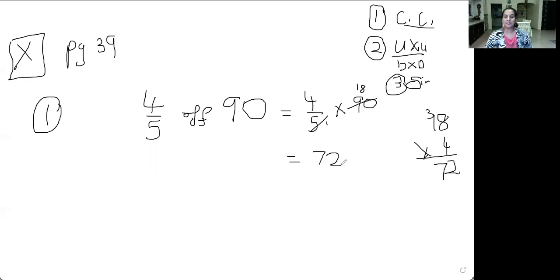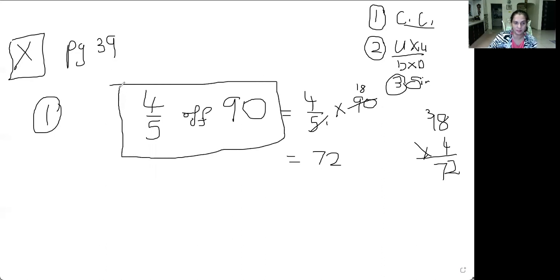Now what does this phrase really mean? It means 4/5 of 90 is 72. If I put a dollar sign here, 4/5 of $90 is $72. If I put, say, marbles, then 4/5 of 90 marbles is 72 marbles.